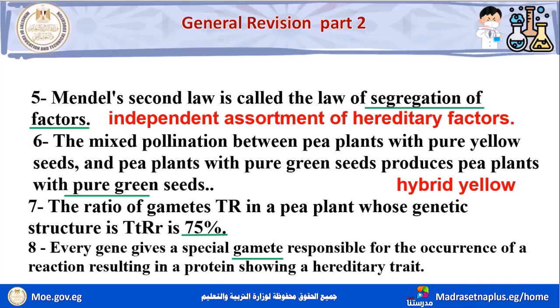Question number 7. The ratio of gametes T capital R capital in a pea plant whose genetic structure or genotype is T capital T small R capital R small is 25%.